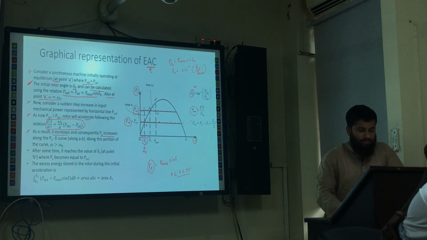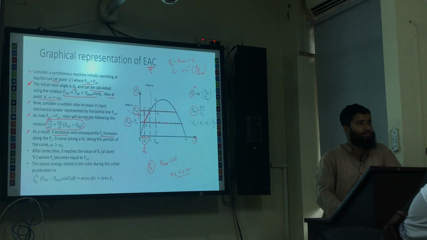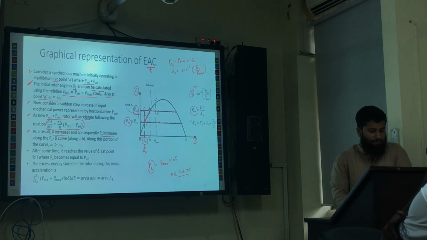P will increase following which path? Like this, or following this power angle curve? Obviously following this path. Following this path, P will increase. So look, P increases along the P versus delta path, that is, along the AB path.